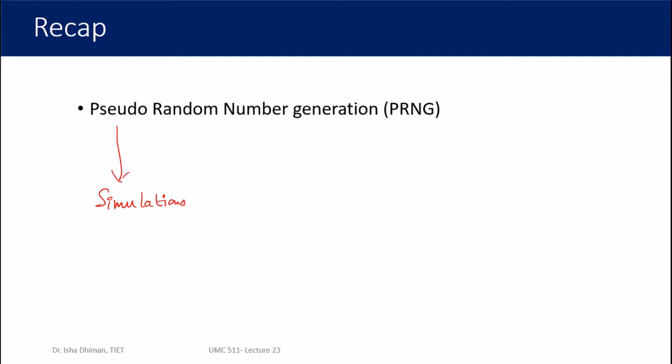So we employ random number generation in performing simulation of various stochastic processes, and specifically today we'll be learning about one such simulation, which is Monte Carlo simulation, which involves random sampling and has many applications. So we'll talk about this in detail.